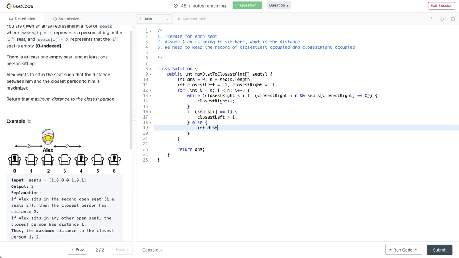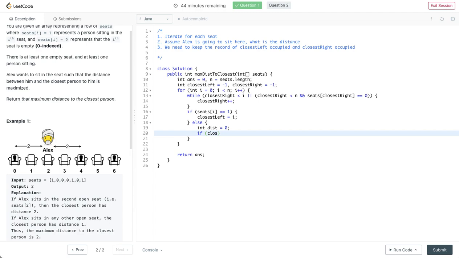So this left is going to be, well, this is equal to 0, and then if closest left is not equals to -1, it means that there's some occupied state on the left. So this is going to be math.max this.